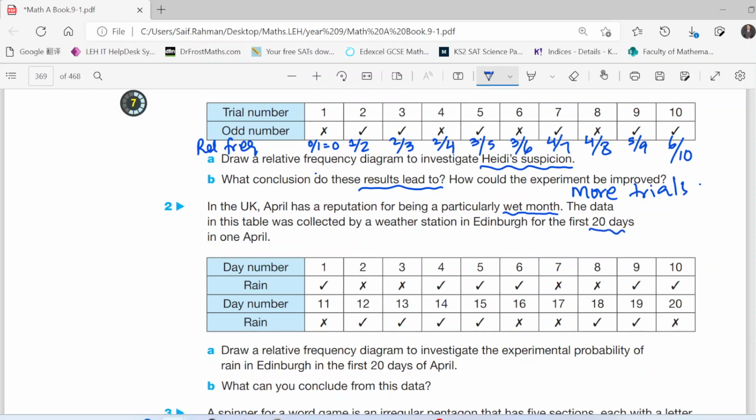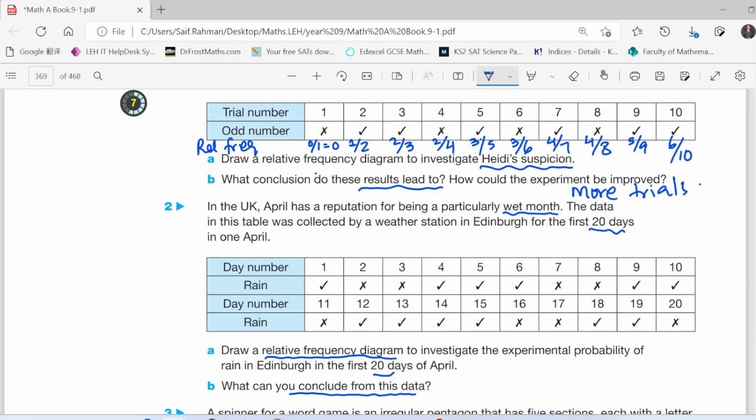For 20 days, the experiment was conducted, and it shows these results. Draw a relative frequency diagram to investigate the experimental probability of rain in 20 days. What can you conclude from this data?